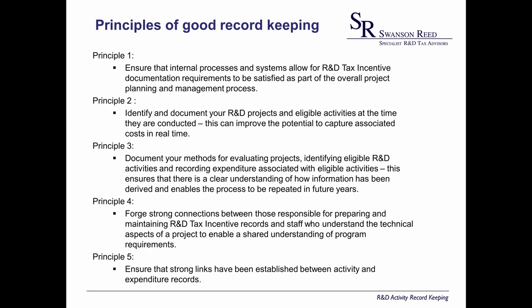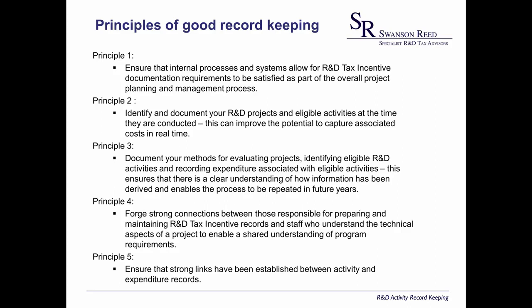Principle 3. Document methods for evaluating projects, identifying eligible R&D activities, and recording expenditure associated with eligible activities. This would ensure that there is a clear understanding of how information has been derived. Principle number 4.